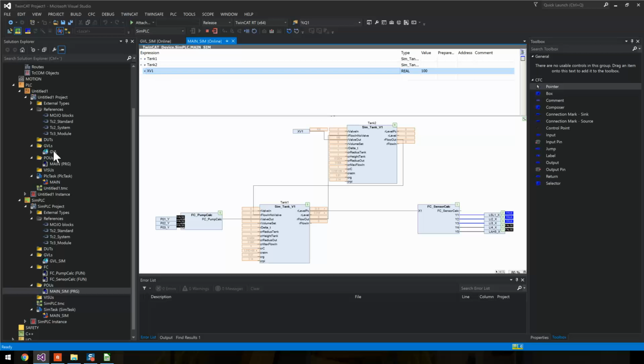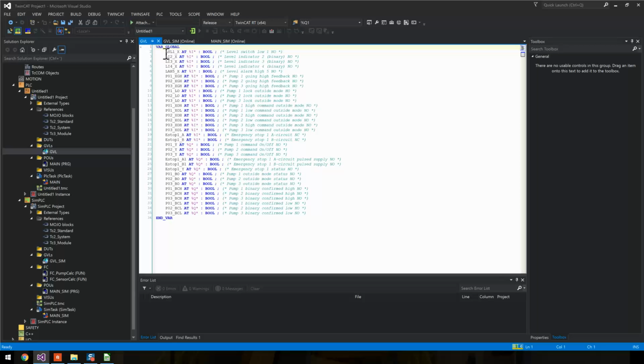Let's look at the I/O list again. So we've simulated these, that's the level indicators, and we've added some effect to these. When you turn on the pumps, flow starts to flow, but there's still a lot left here. Like these are feedbacks that pump 1, 2 or 3 are actually running.